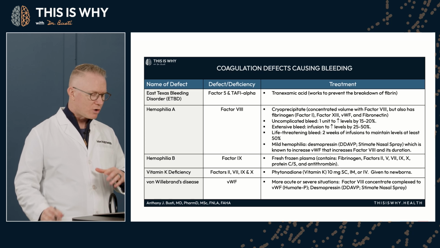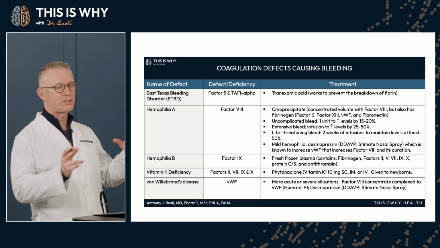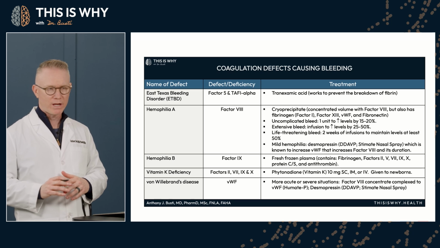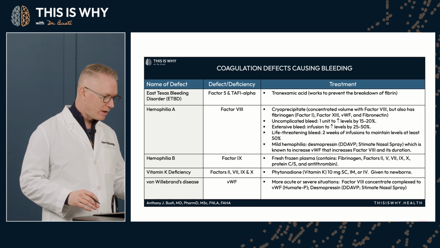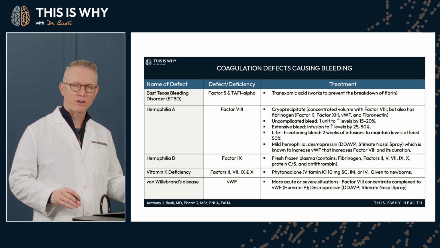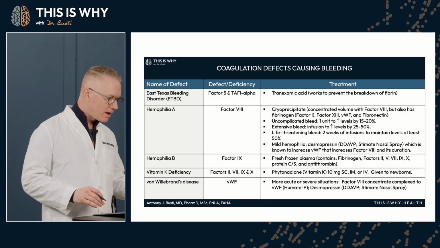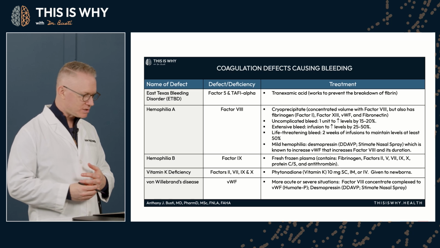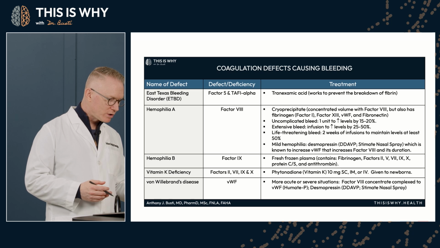Now, what about coagulation defects that increase the risk of bleeding? Those were all things that increase the risk of thrombus formation. But we talked about hemophilia. So hemophilia A is factor 8 deficiency. Hemophilia B is factor 9 deficiency, right? You have von Willebrand's disease.